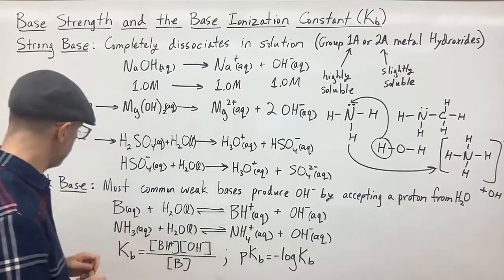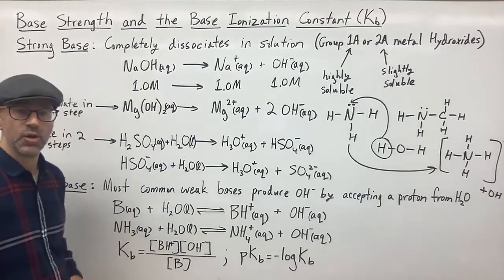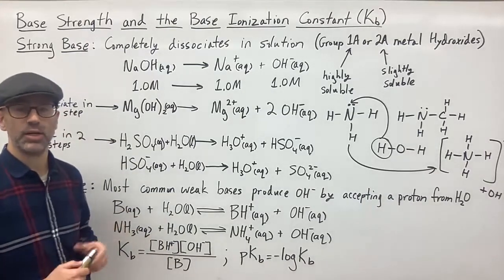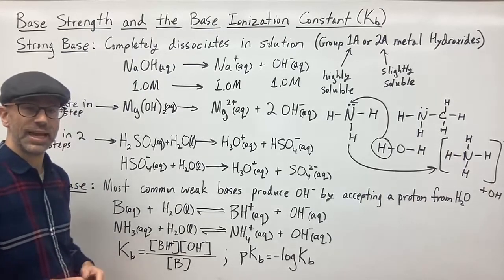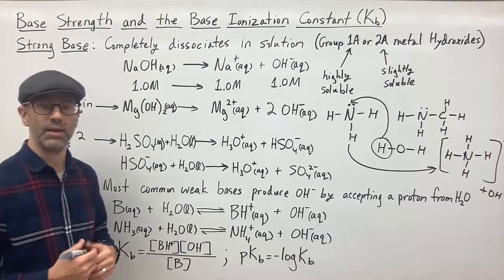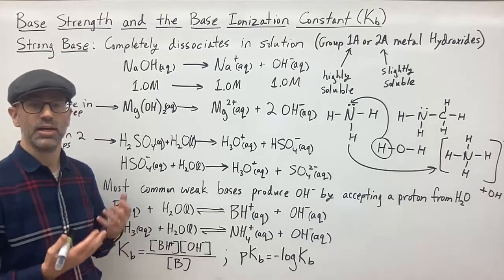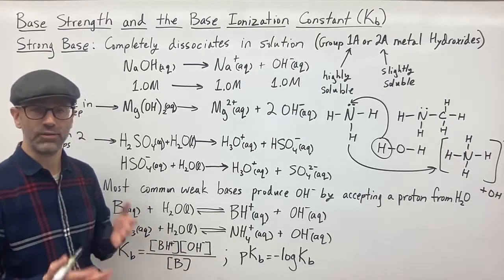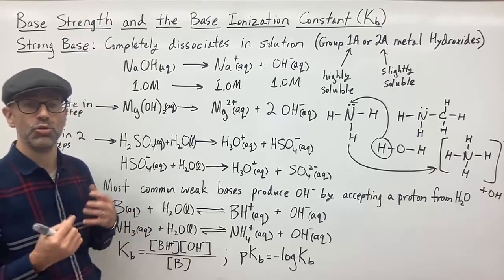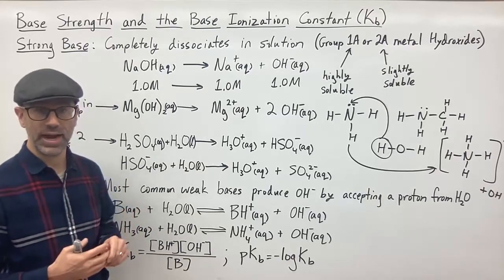So last thing I want to talk about is Kb. So I talked about Kb a little bit in an earlier video, but here this is just like Ka. So if you remember that Ka was the ionization constant, or the acid ionization constant for an acid, to measure the strength of that acid.